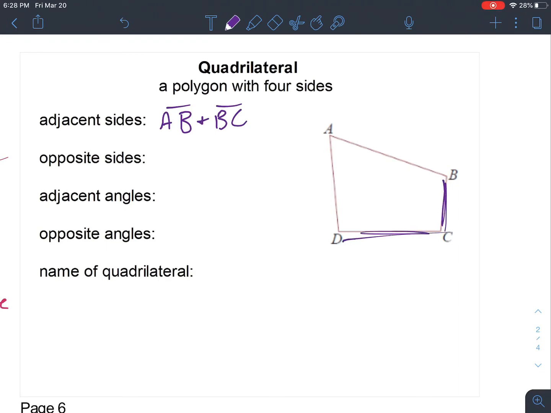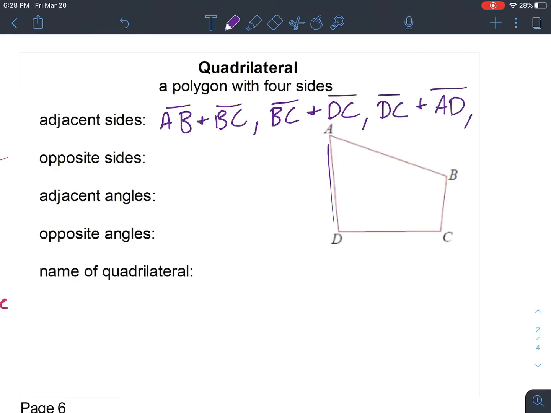Then we have BC and DC. And then we have DC, AD. And then finally we have AD and AB.